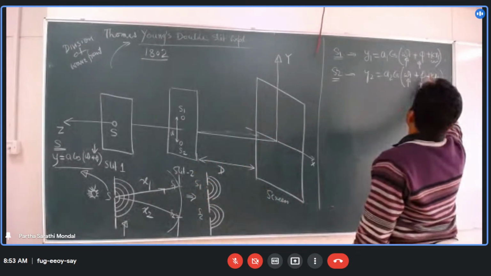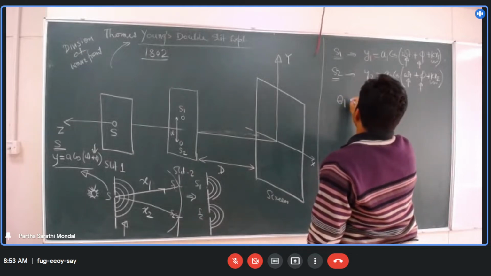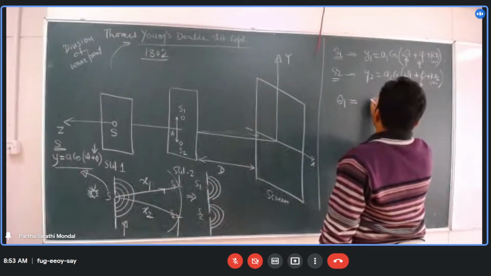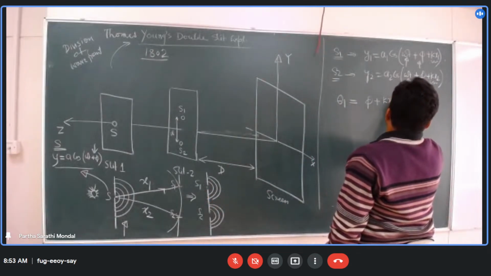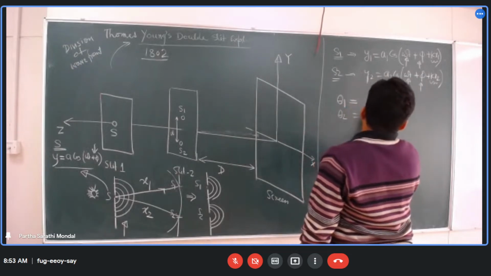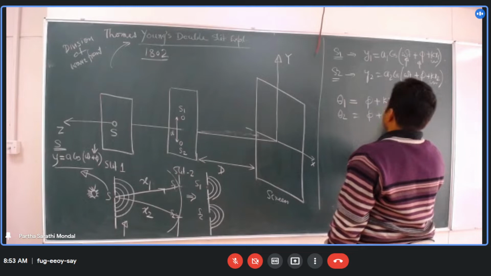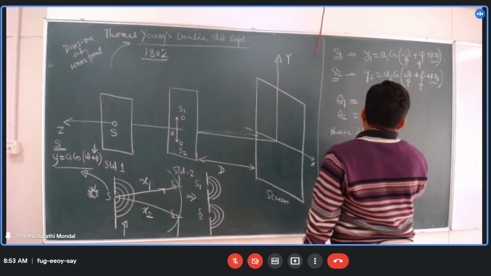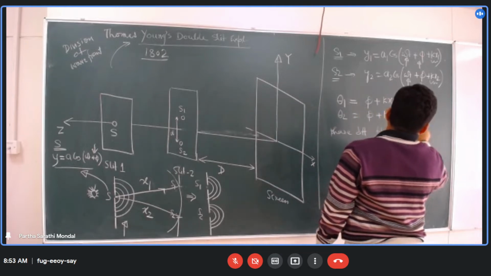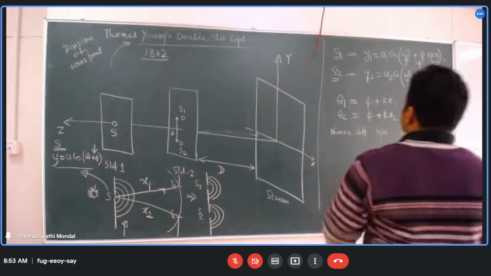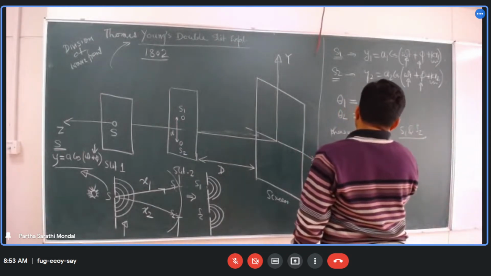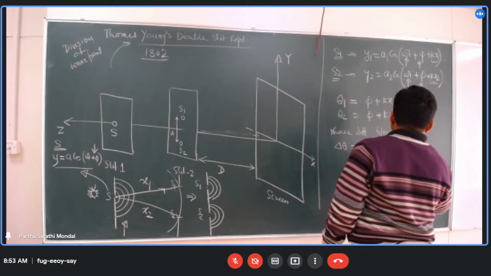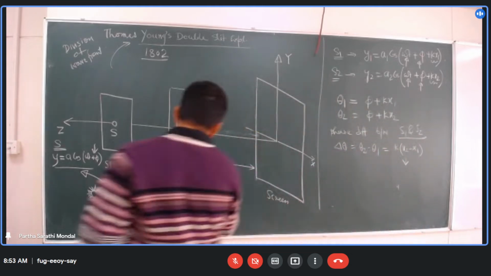So what is the phase? Let's say theta1 is the initial phase of y1, the light coming out from S1, which is phi plus k x1, and theta2 is phi plus k x2. So the phase difference between the S1 and S2 sources is delta equals theta2 minus theta1, which is k times (x2 minus x1). This is the initial phase difference between these two sources.